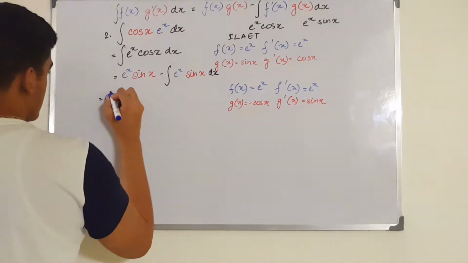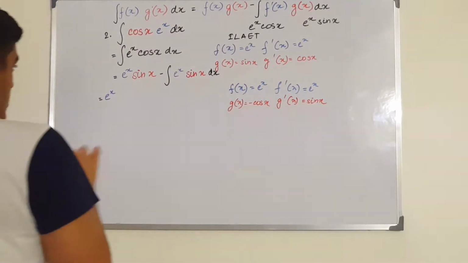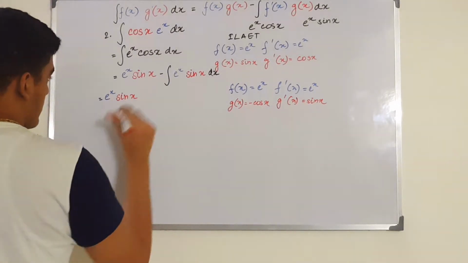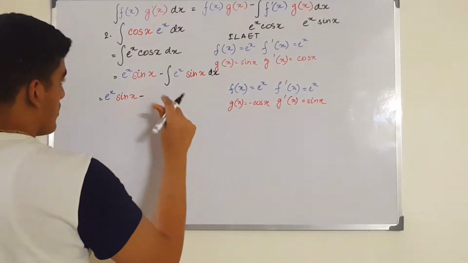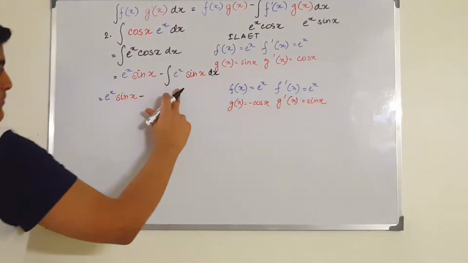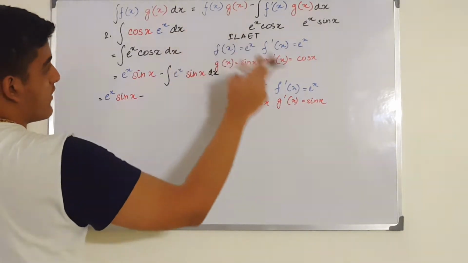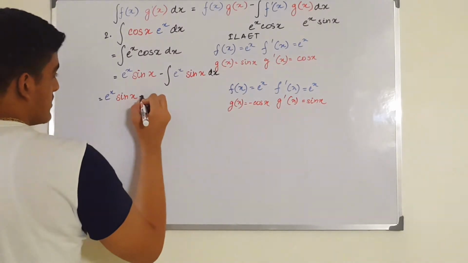So the solution is getting clearer. Minus the integration of this, which would be e to the power x multiplied with minus cos x.